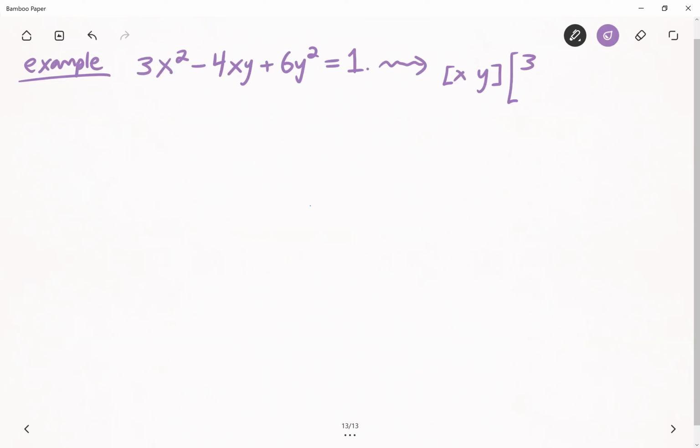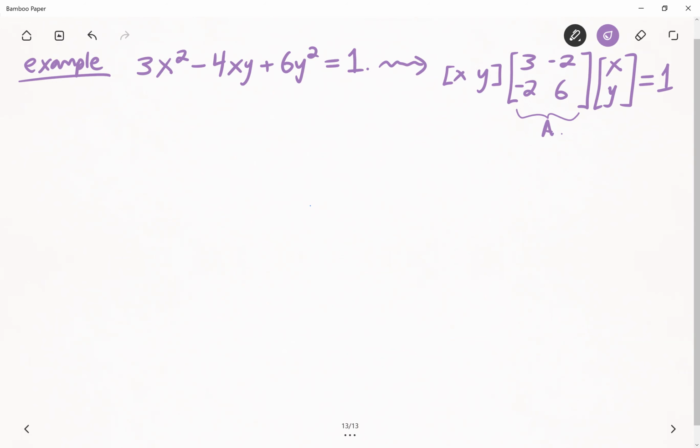Right, 3, half of -4, half of -4, 6 times xy is equal to 1. Right, first step is to just rewrite it using matrix algebra. Next step is to take this matrix, which I'll call A, and I want to diagonalize that matrix.